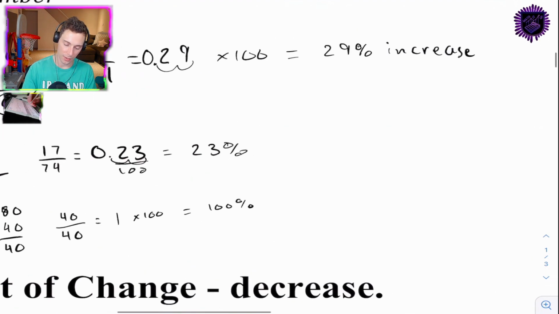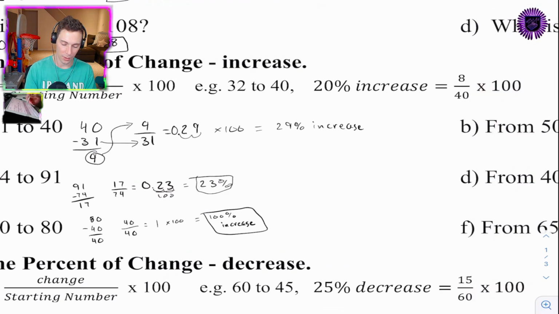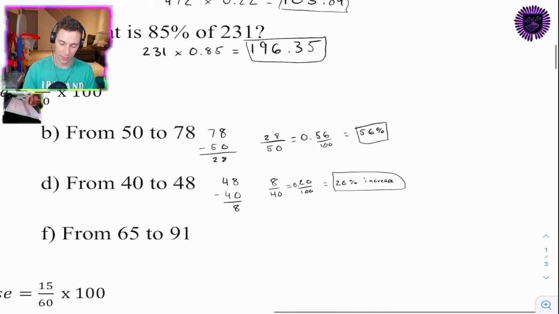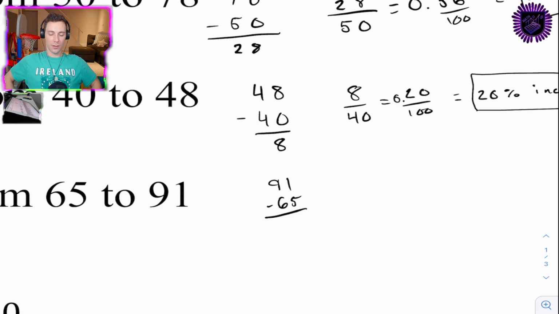I'm going to write increase. 23% increase. 29% increase. 65 to 91. So 91 subtract 65. It's 31 subtract 5. 26.